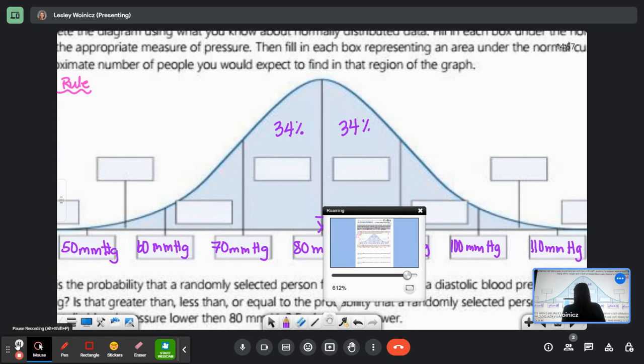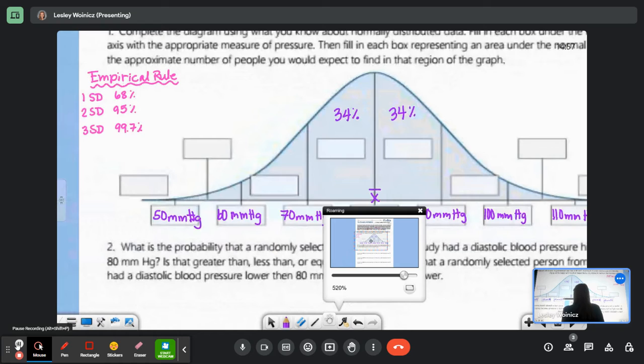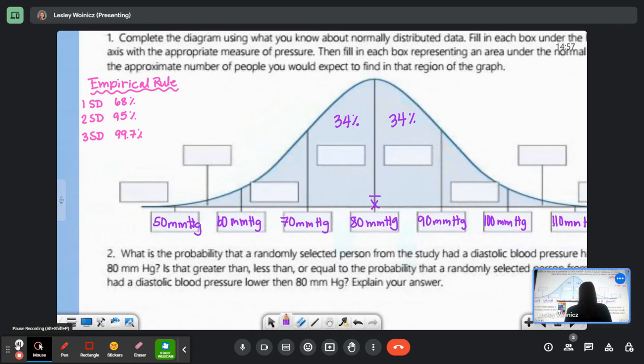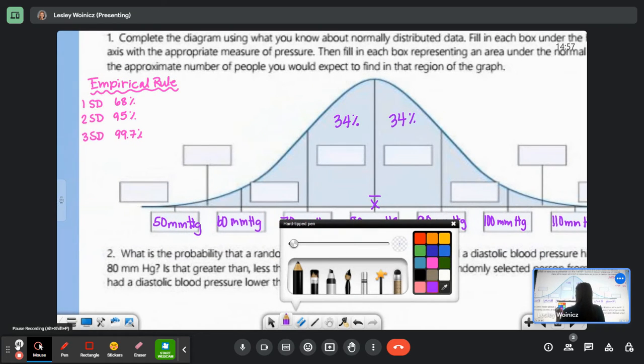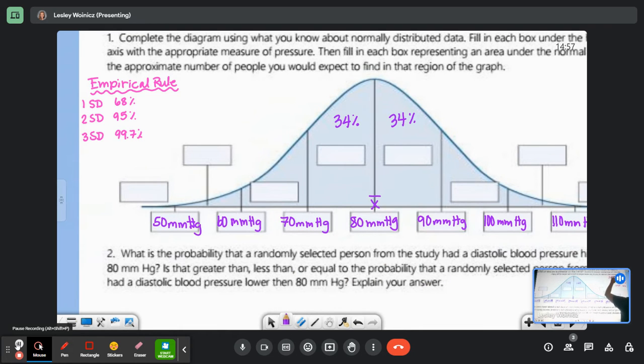Okay, now to do these other ones, we're going to have to do a little bit of trickiness. We can divide all of these in half to see how much is on one side or the other of the mean, right? So half of 68 was 34%. What about half of 95?